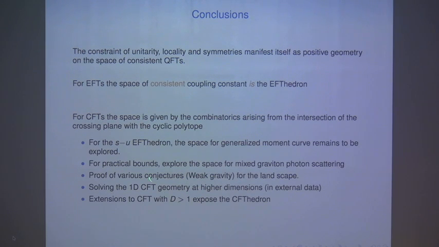And of course, for the CFT side, we're now only just solving the 1D CFT geometry, and there's really a whole slew of questions to be asked for higher dimension CFT. And even for the 1D CFT, we should push this geometry to higher dimension, where higher dimension corresponds to how far you're expanding in terms of the Taylor expansion.